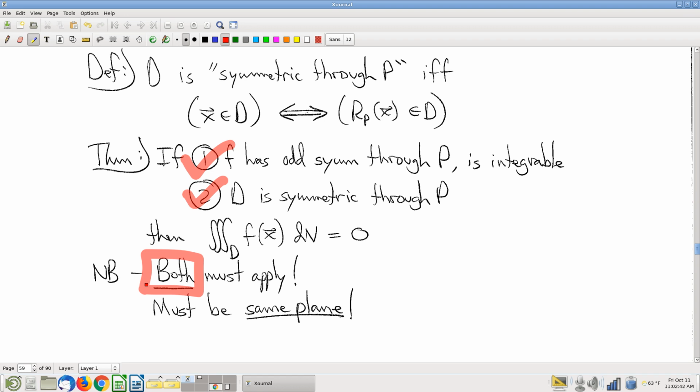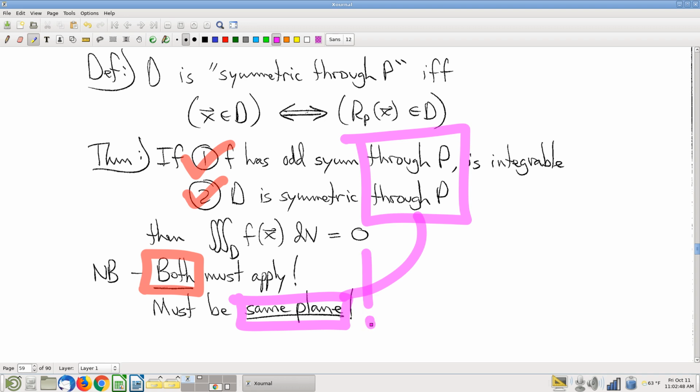And likewise, make sure that you check that these symmetries are through the same plane. Another really important one. Odd symmetry through one plane paired with domain symmetry through a different plane is useless. No conclusion at all. So it's very delicate.